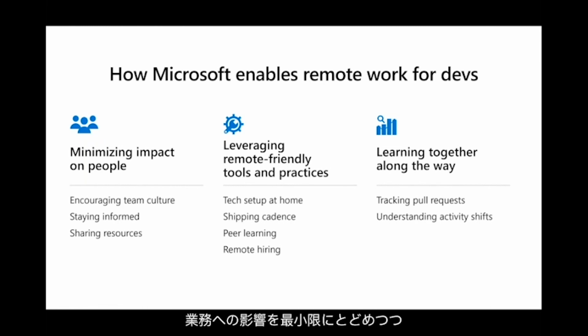Pretty much everybody's had to move to working from home with minimal impact. So what the company did, and this is again from a people, process, as well as a tools perspective, it all has to come together. So this is how Microsoft managed the whole situation.